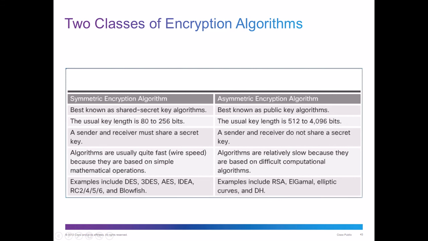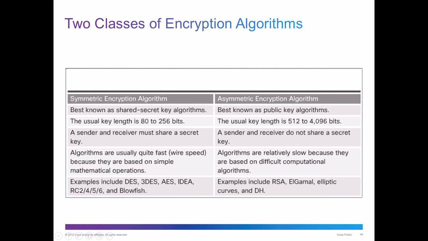In fact, it's 1,000 times faster if it's in software, and 100 times faster if it's already embedded in the hardware. So you definitely want to use symmetric keys. Either way, symmetric encryption is much quicker to encrypt and decrypt.